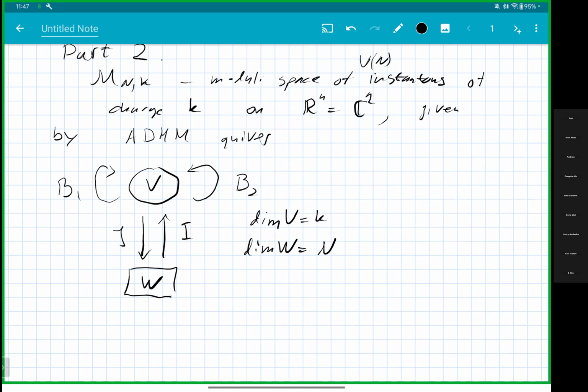So this moduli space is a space of matrices B1, B2, I, J, satisfying a certain stability condition, which I could write down if you want, but it won't be really important for the formulas presented today. Plus the stability condition, quotient by the action of the group GL(V).